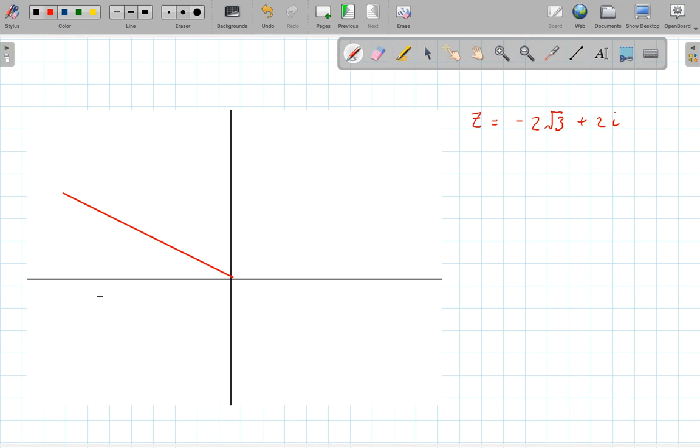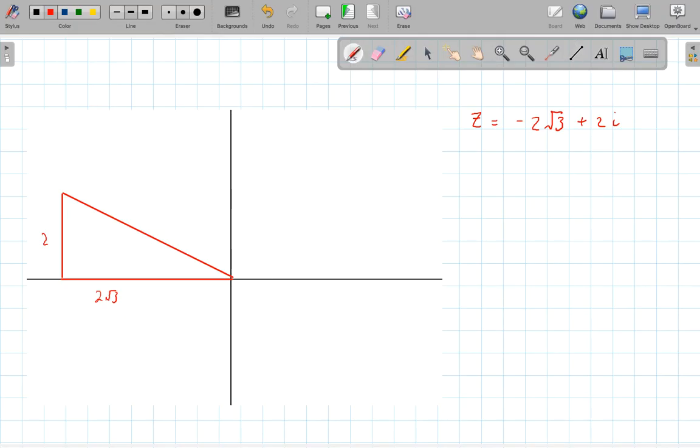So that means that this side of the triangle is 2 root 3. That's the length of this side of the triangle, and it goes up 2 units. Let's just draw those in. So that's 2. That one comes in there.